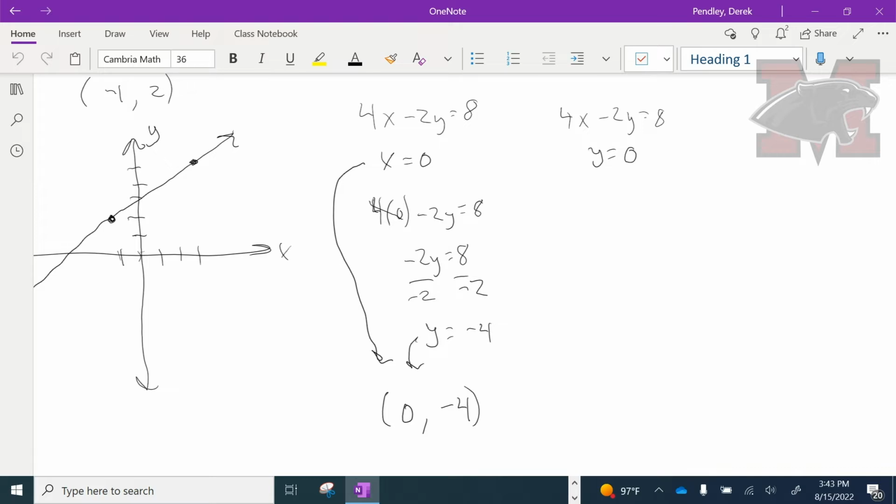And over here, when I have 4x minus 2 times 0, because y is 0, this cancels out. I get 4x is equal to 8. Divide both sides by 4. So I get x is equal to 2. So again, those two pieces will give me the coordinate point 2, 0.